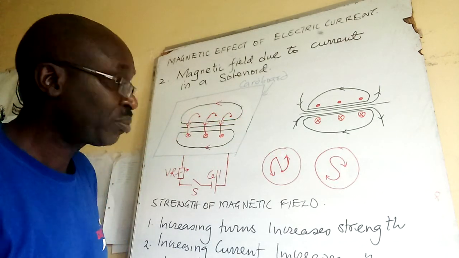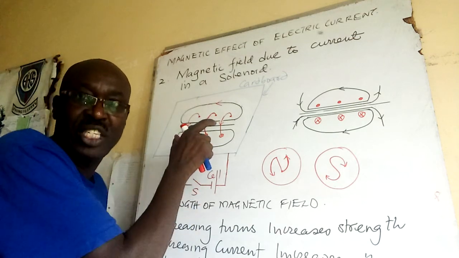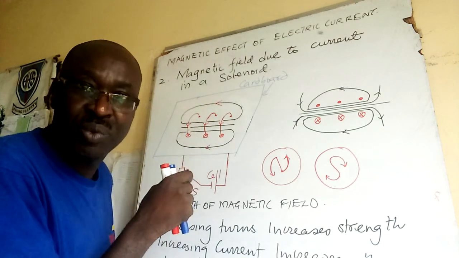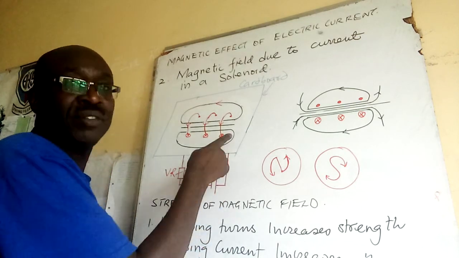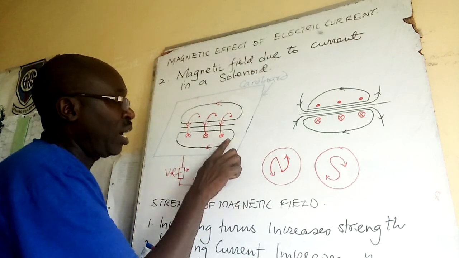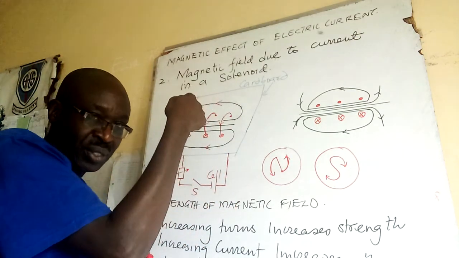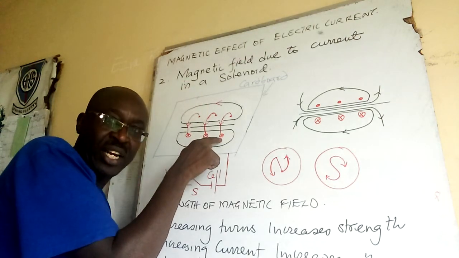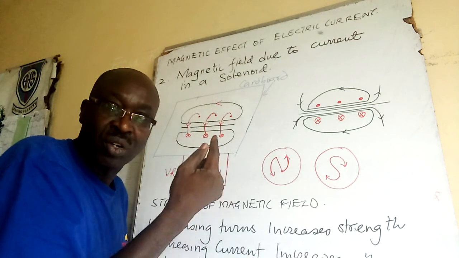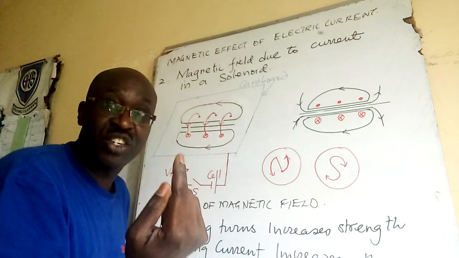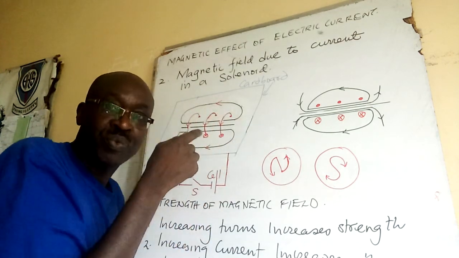Now, let us go to the diagram. This is a setup which you can use to verify. You have a wire that has gone round. You can see it coming up, a dot. Coming towards you is a dot.